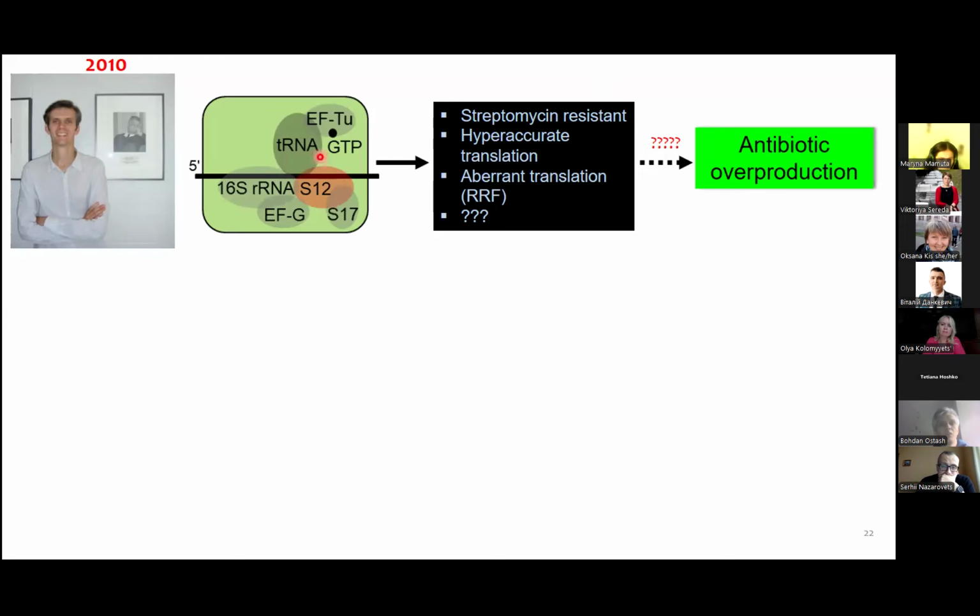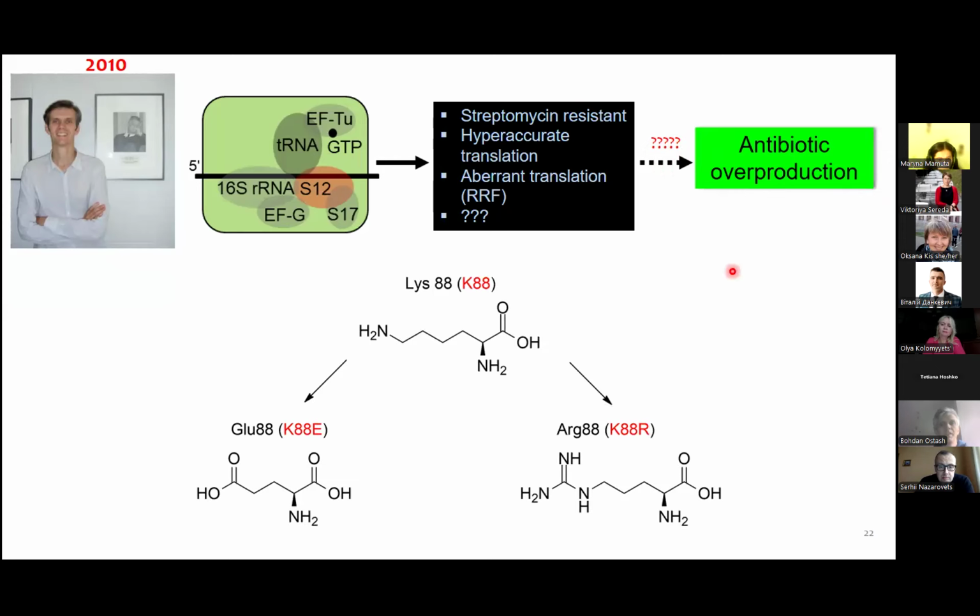So we know there is some change over here, we can describe it, we can pinpoint it, and we see the effect, but we don't know how it works. What is written on a black background is what we already knew, but there is a lot to discover, to really fill in this mechanism with all the details. And I will focus on a single position of the protein.